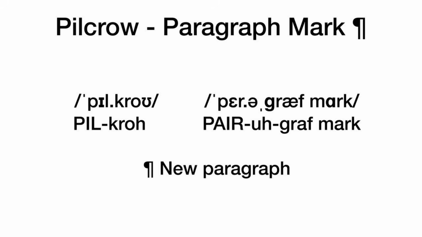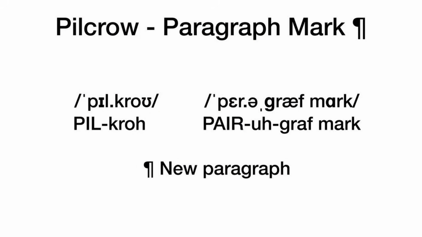So you can see when I am saying paragraph, it sounds slightly different rhythm-wise than when I say paragraph mark. And the reason is that every time we add a syllable to a word in English, every syllable must get shorter to follow our stress timing rules.